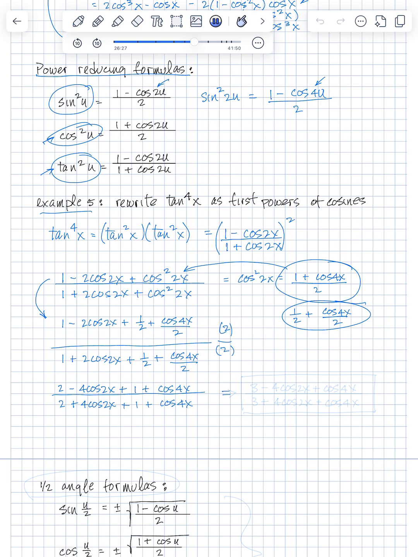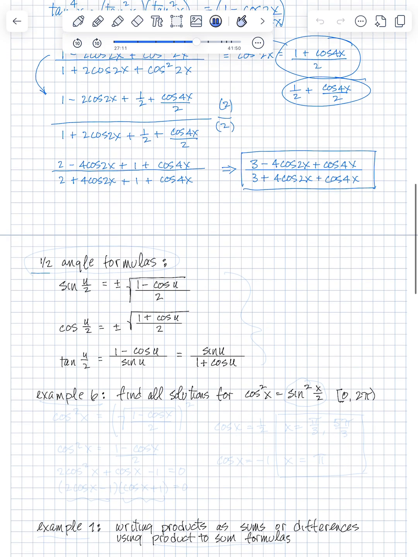So finally, this is going to be, add the 2 and the 1, so 3 minus 4 cosine 2x plus cosine 4x, and the denominator is going to be 3 plus 4 cosine 2x plus cosine 4x. Okay, you can't simplify that anymore, so we're going to put a box around that.